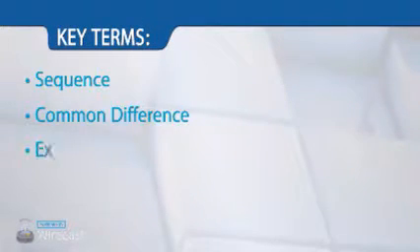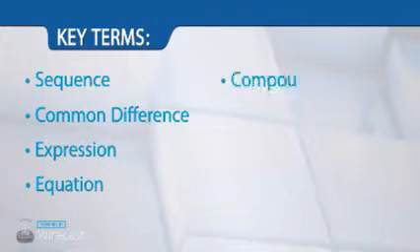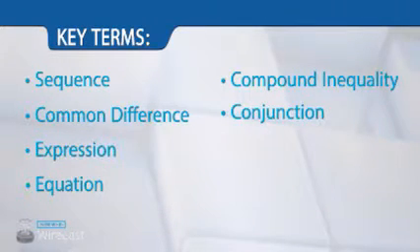As a tool for monitoring progress, students should respond to the unit's essential questions, explaining how mathematical relationships are related to prior knowledge of patterns and then to equations and inequalities. Key math terms in this unit include sequence, common difference, expression, equation, compound inequality, conjunction, disjunction, and absolute value.